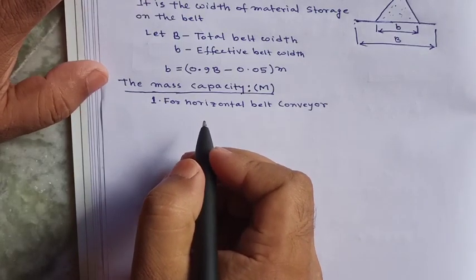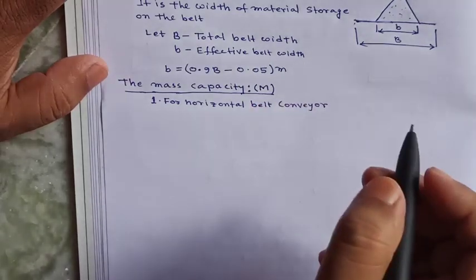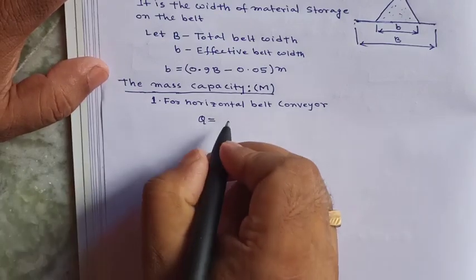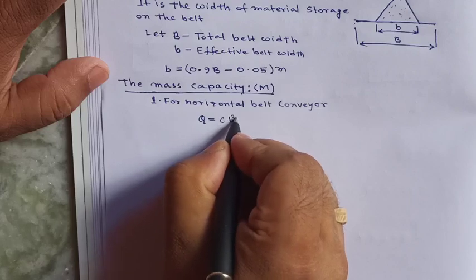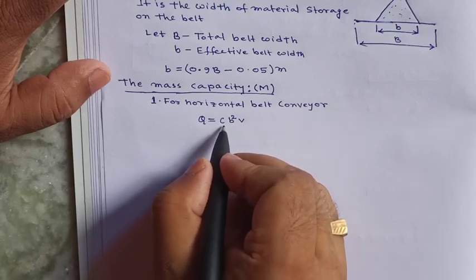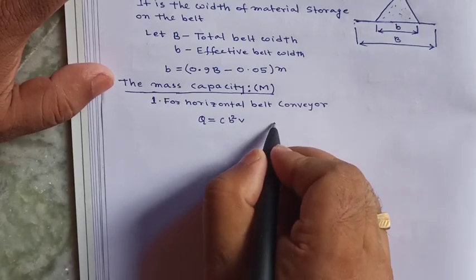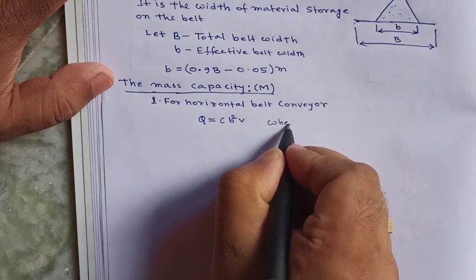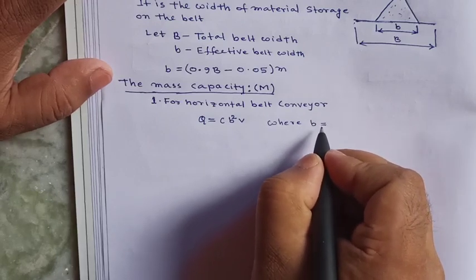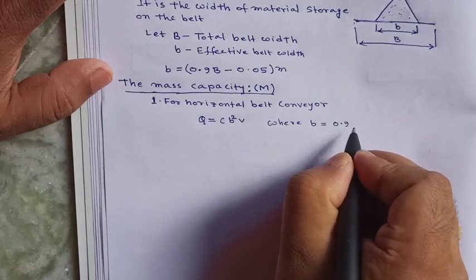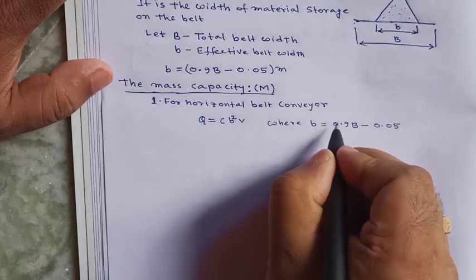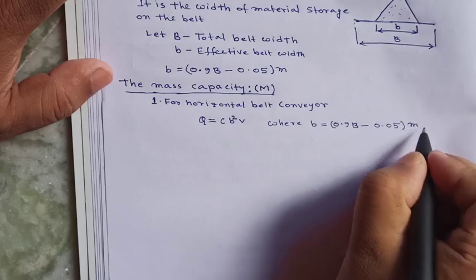Now for horizontal belt conveyor, the Q, that is volume capacity, is Q equals C B square V. This is the relation between Q and C B square V, where b is effective belt width, that is 0.9 B minus 0.05 in meter.